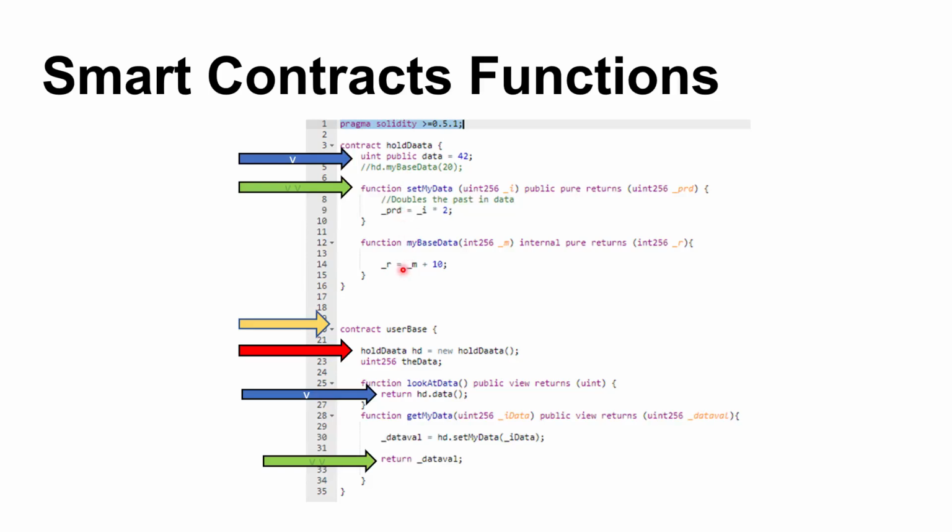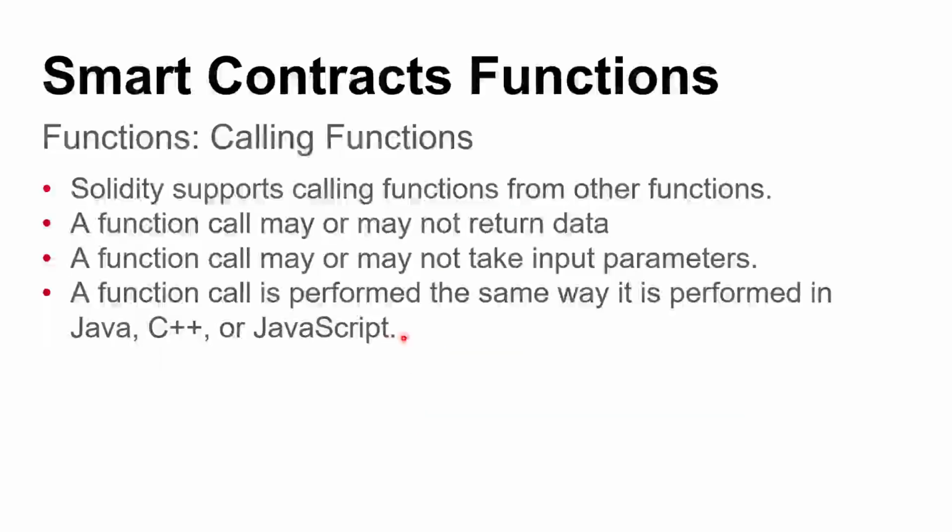There's obviously no constructor here, so it's running what's called an implied constructor. So now all of the functionality of HoldData is available to UserBase through this HD object right here.